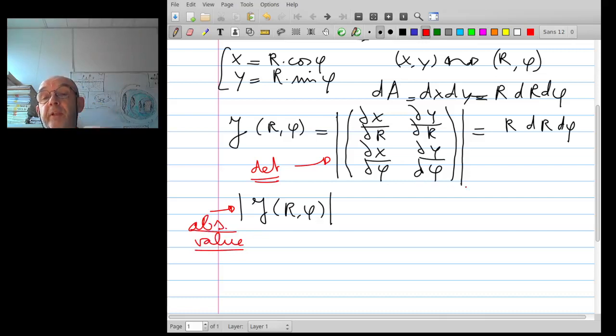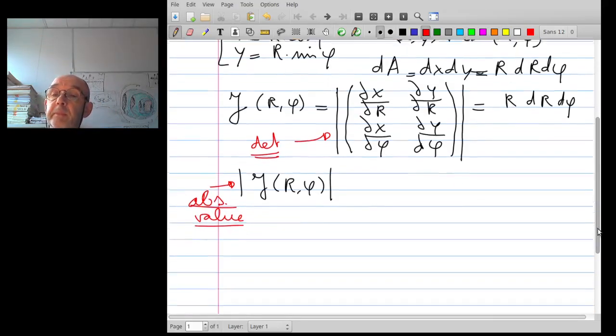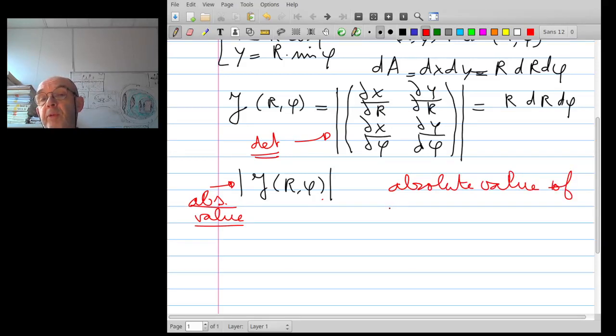So the Jacobian is the determinant, and then with the correction term you take the absolute value of the Jacobian. So the absolute value of the value out of the determinant.